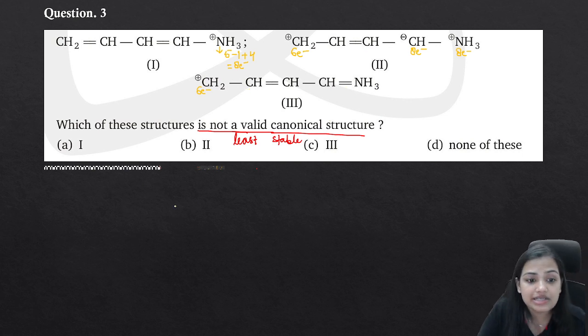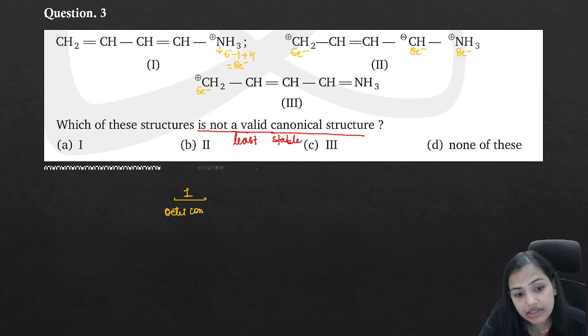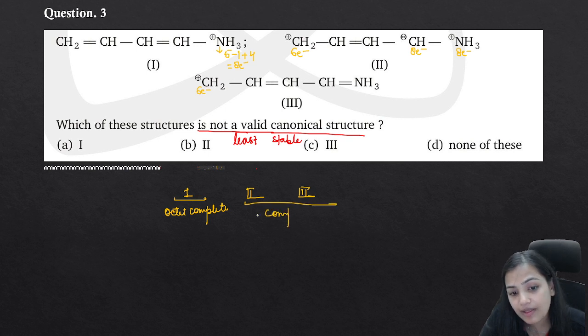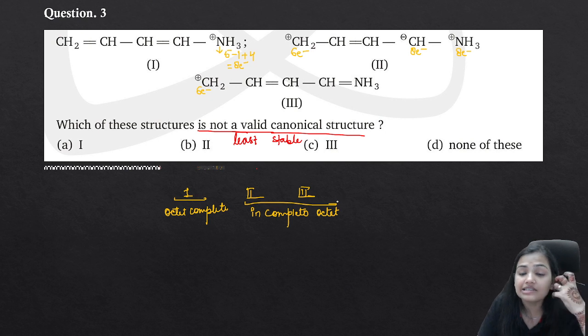Now guys, we can easily see that in structure number 1, the octet is complete. In structure number 2 and 3, the octet is incomplete. Because of this incomplete octet, the second and third are going to be the less stable structures.